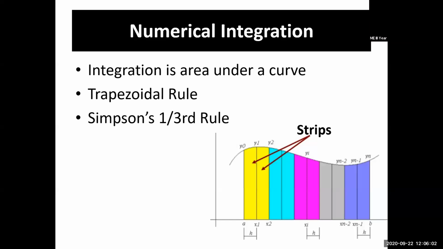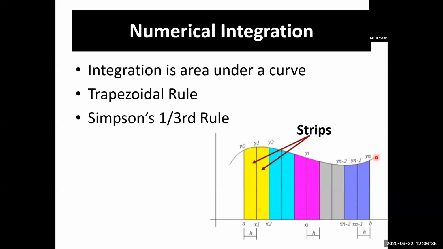If you know about numerical integration and differentiation, the first basic thing is that the integration of any curve is nothing but the area under that curve. Suppose we have any curve, a cubic equation or binomial equation or other form of equation.